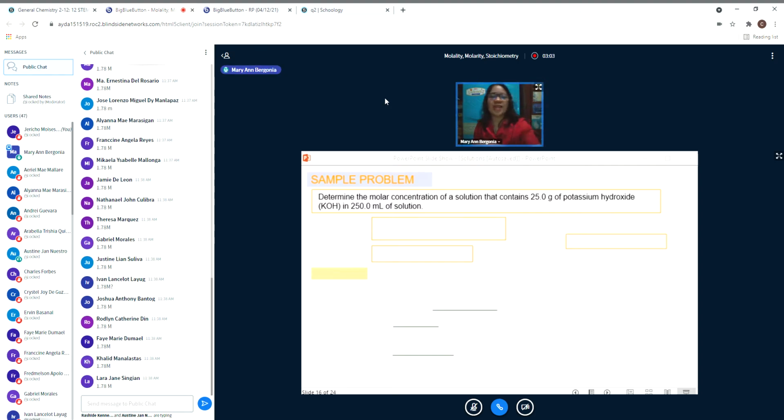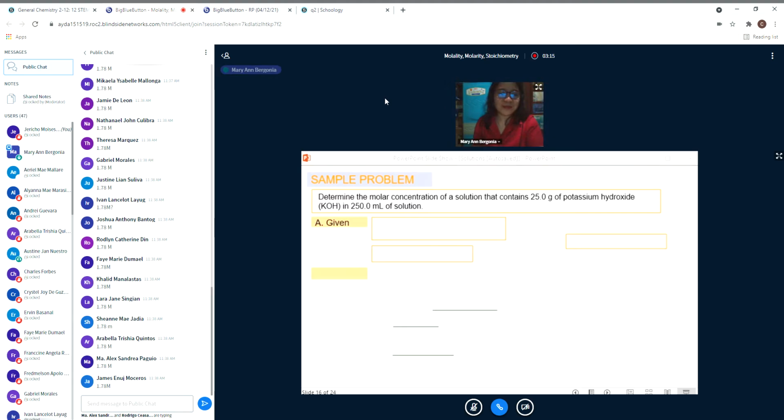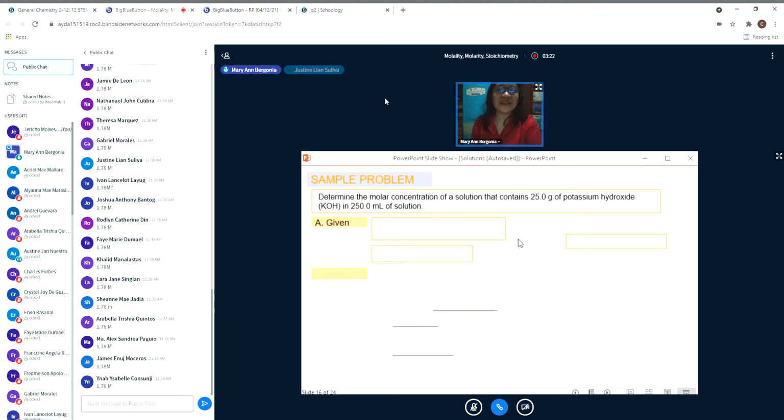Sige, let's answer. So for our given, ano yung given ng problem natin? Justine Soliva, ano yung given natin? 25.0 gram po at saka po yung 250.0 ml po. Okay, very good. Thank you, Justine. So make sure kapag nagsabi tayo ng given, identify natin if they are mass or volume. So we have the mass of potassium hydroxide, which is 25.0 grams, and the volume of our solution, which is 250.0 ml.